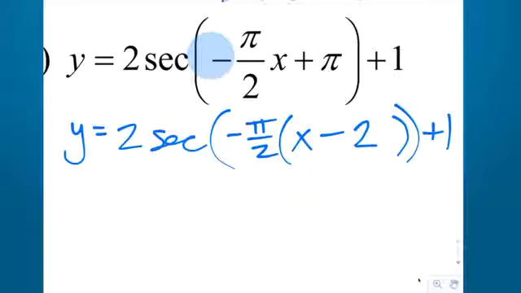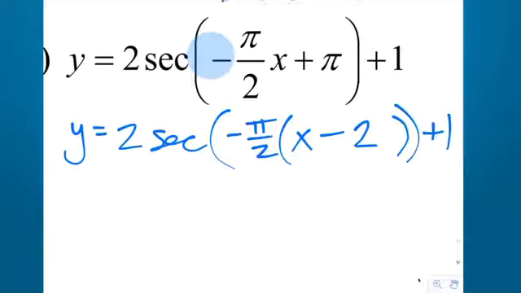A 2. Because remember, factoring out is dividing out. And what is pi divided by pi halves? It's pi times 2 over pi, which is just 2. And of course, you quickly check before you proceed. What is negative pi halves times negative 2? Well, it's positive pi. The 2's divide out. Good.